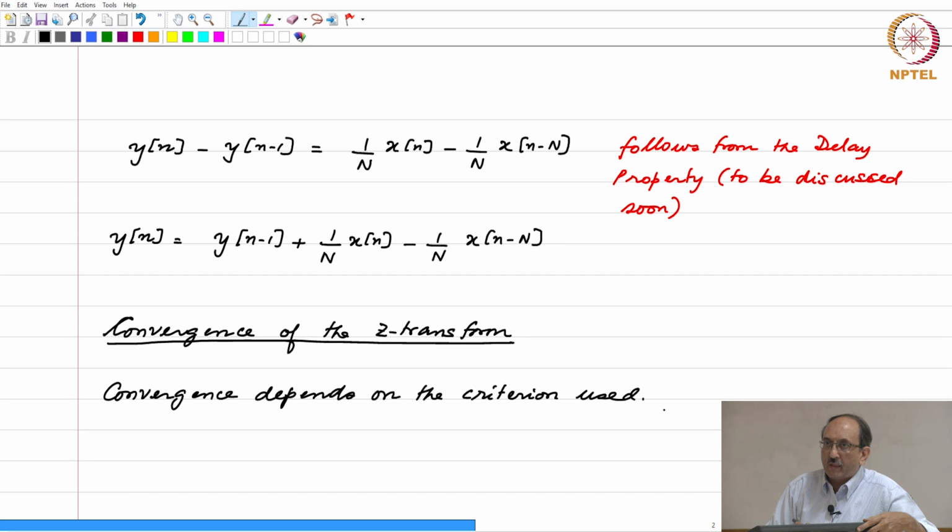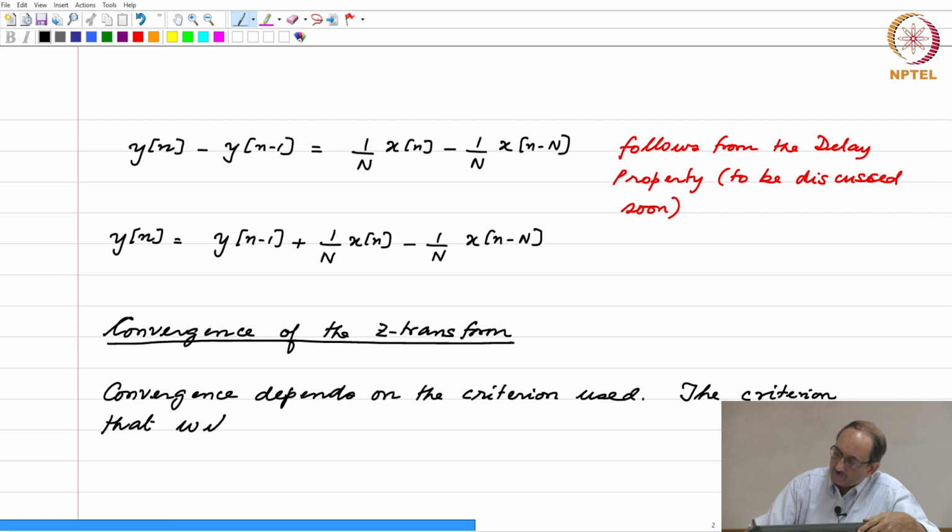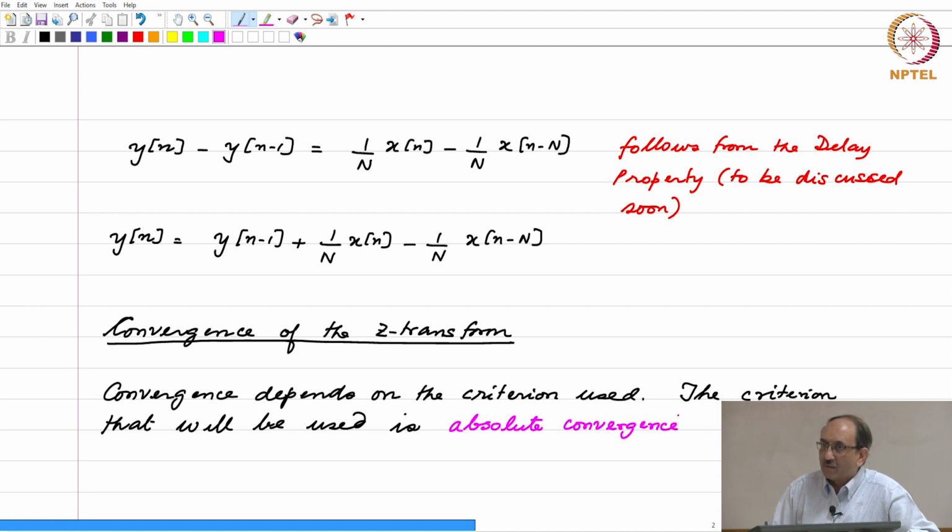And the convergence criterion that was used in the Laplace transform case was, what was the criterion that you were using for the existence of the Laplace transform? The criterion that I hope at least now it rings a bell.